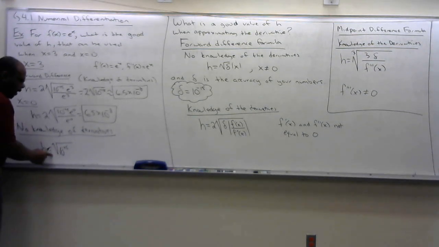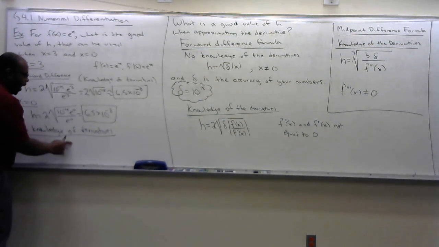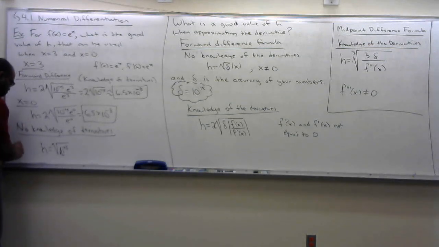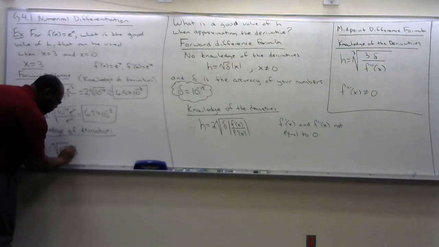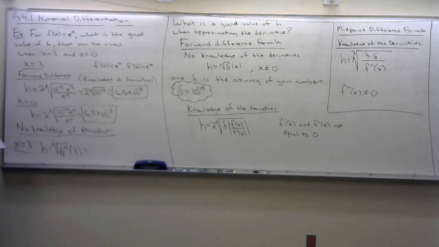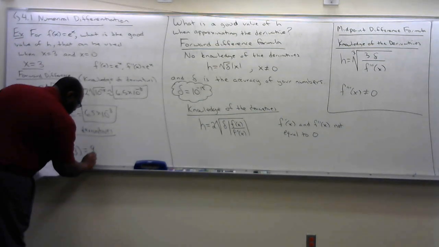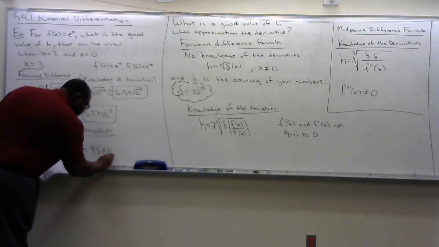So this becomes h equals the square root of 10 to the negative 15 times, in this case, if x is equal to 3, doing the first one right here, this becomes times 3. And what I end up with when I do that is 9.5 times 10 to the negative 8.